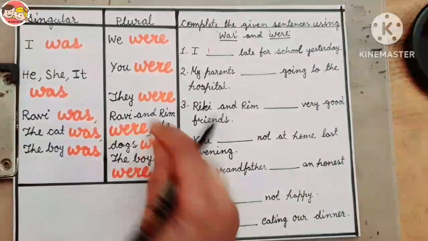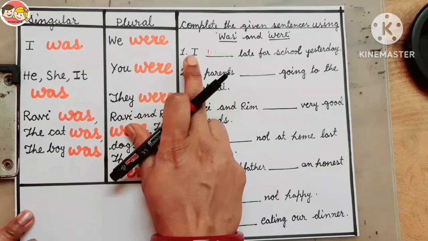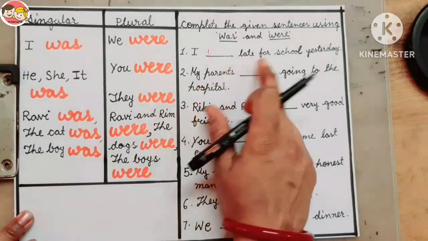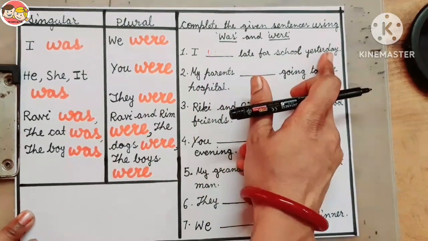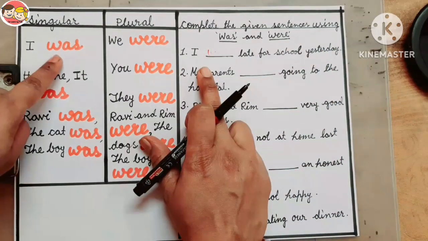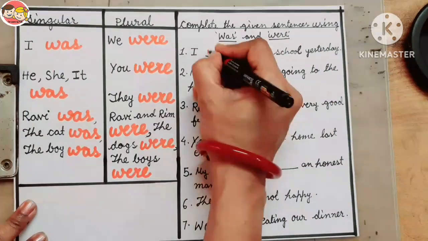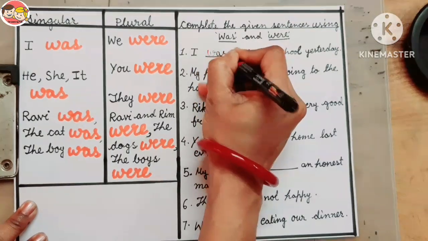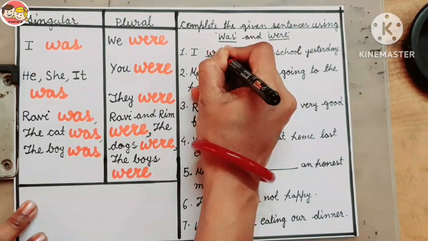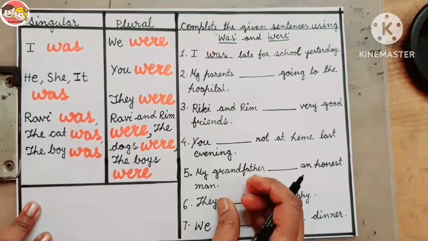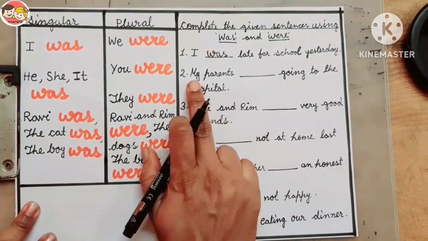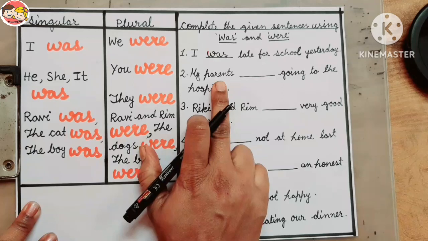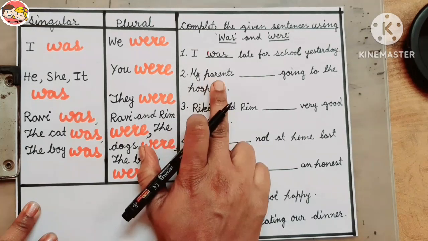So let's start. The first sentence is I dash late for school yesterday. I was. So here we have to write was. Next, my parents.